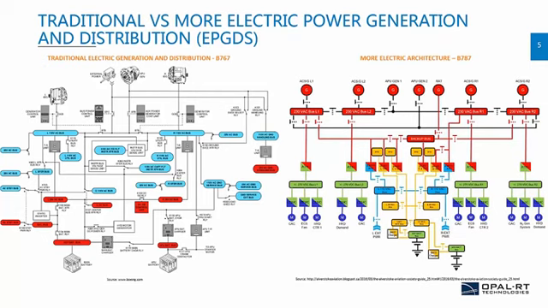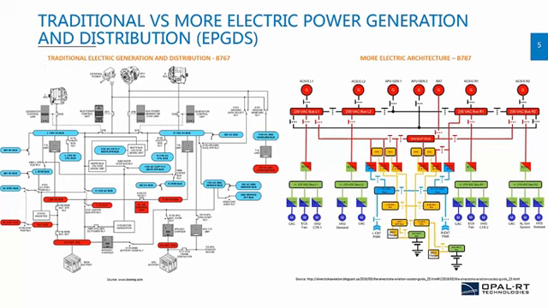loads. Another key difference is that in the traditional electric generation system, the electric generators come with integrated drives that will basically control the output frequency on the grid to 400 hertz, whereas on a MoreElectric architecture, we have variable frequency generators, or VFSGs, that are directly coupled to the gearboxes of the aircraft engines.